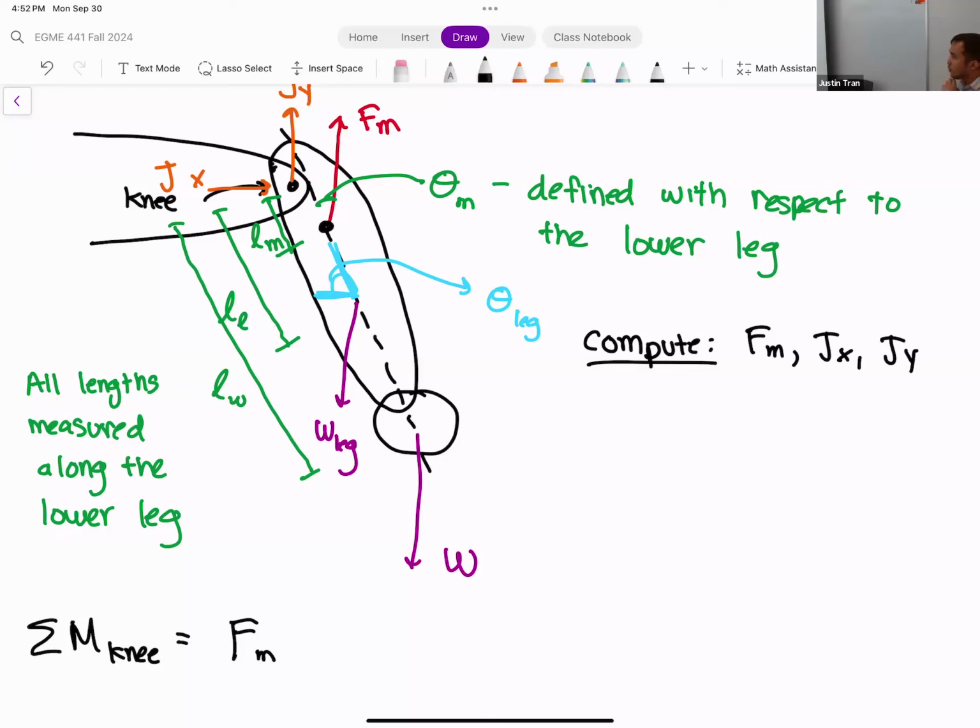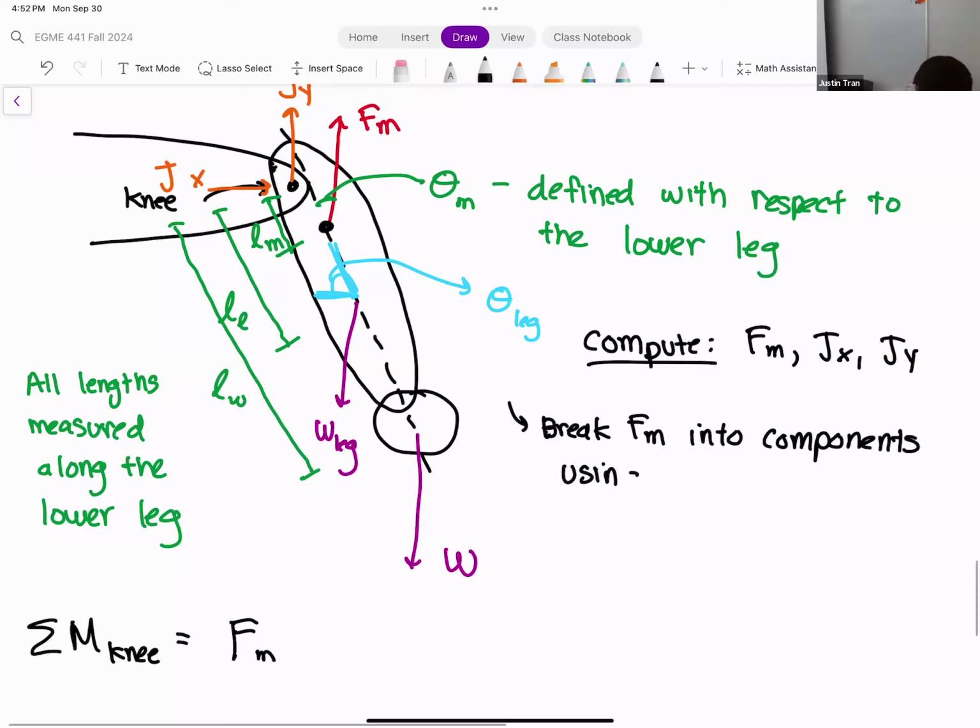If we break this Fm up into two components based on theta m, we're going to have an Fm cosine theta m and Fm sine theta m.